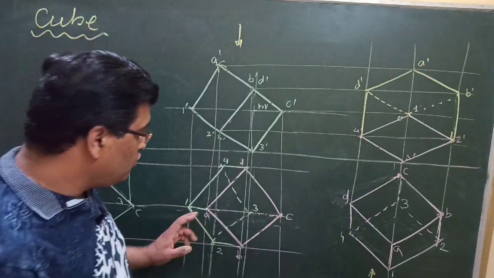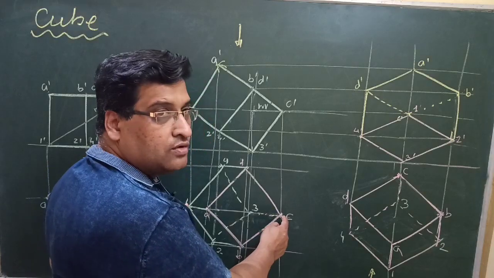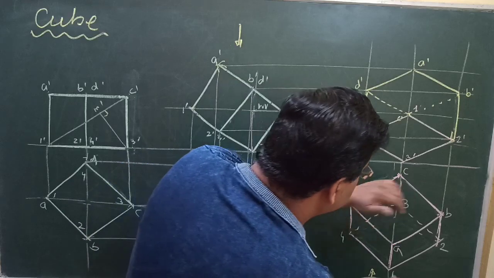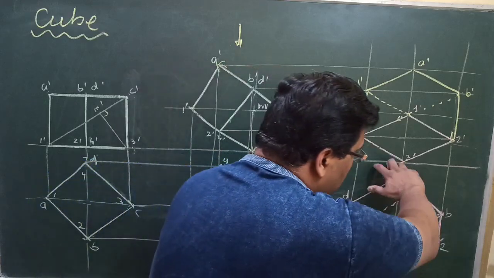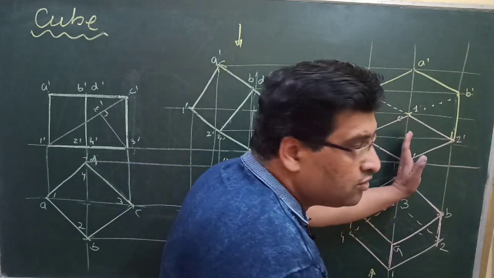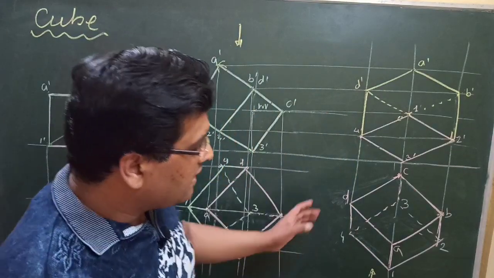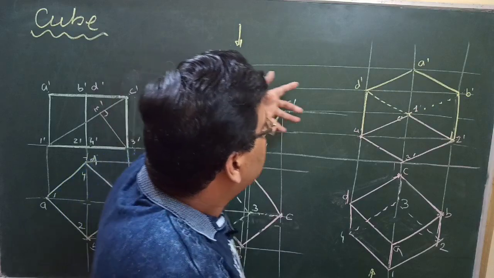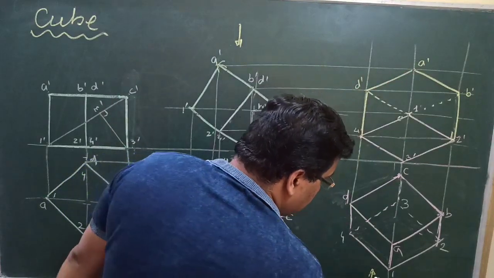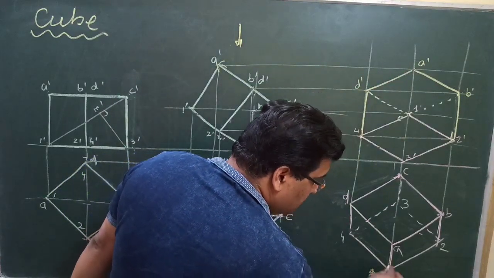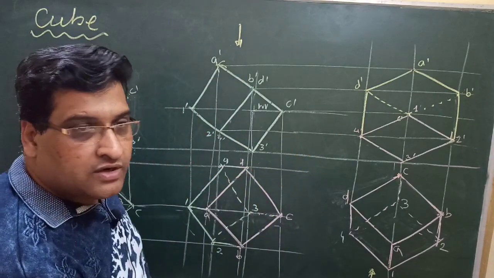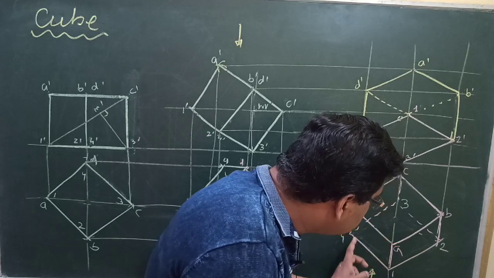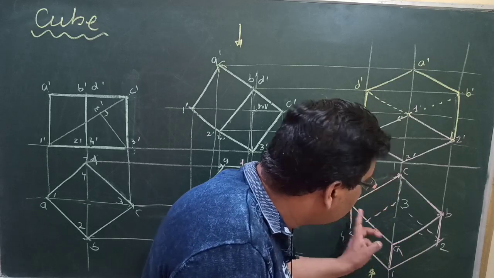Right? Now we have to make this 1C perpendicular to VP. So in the next diagram I tilted this complete diagram like this, so that 1C is perpendicular to the XY line. After drawing vertical projectors from this side and horizontal projectors from this side, draw an arrow at the lowermost point of the top view. You see here 1, 2, 3, 4 is nearer to the arrow compared to ABCD.